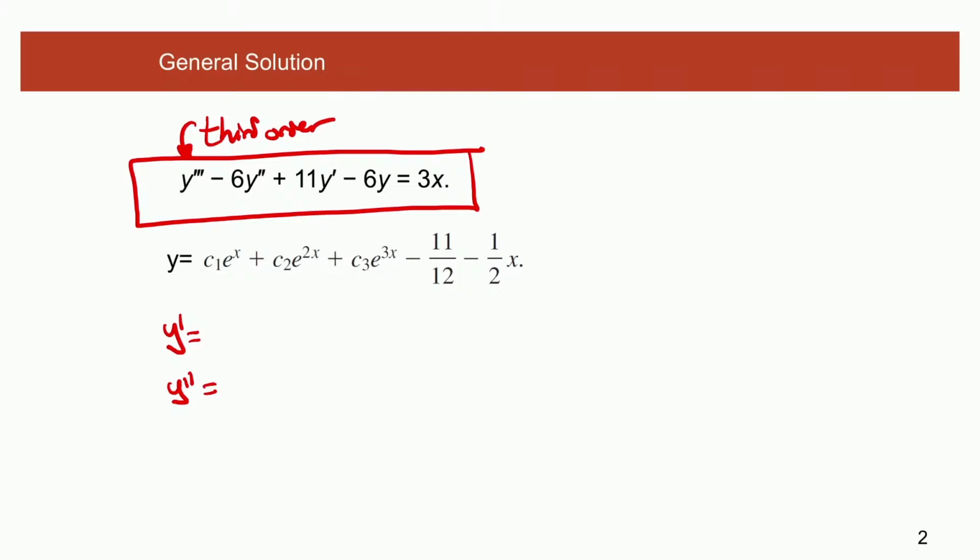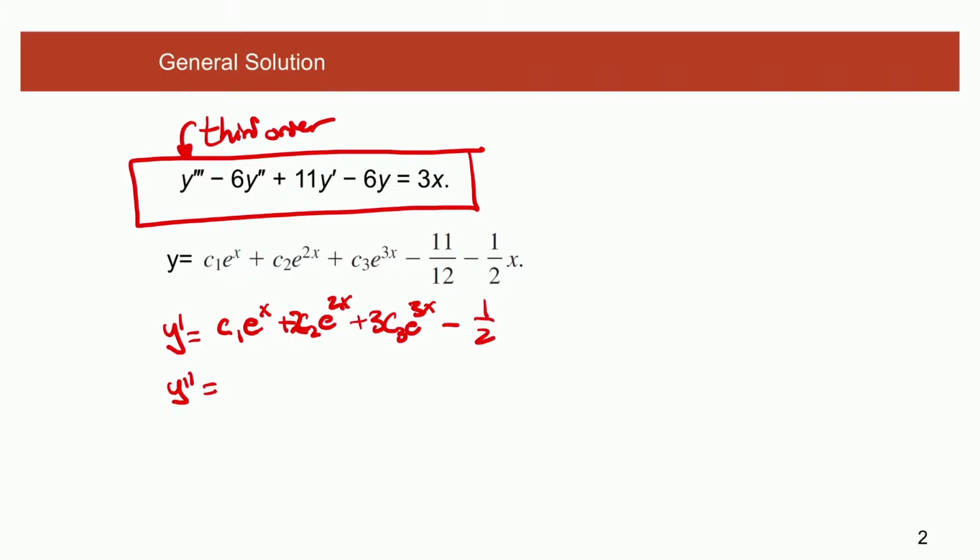And what I want to do is use some initial conditions to figure out what the constants are. To do that, I'm going to have to find the derivatives. So we have c1 e to the x plus c2 e to the 2x, then 2c2, plus 3c3 e to the 3x minus 1/2.